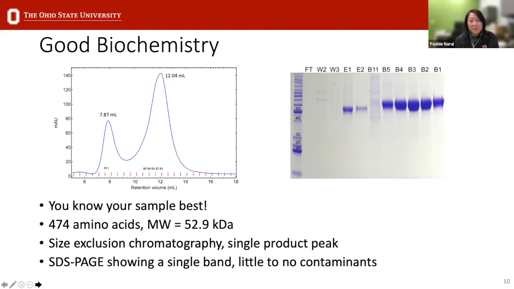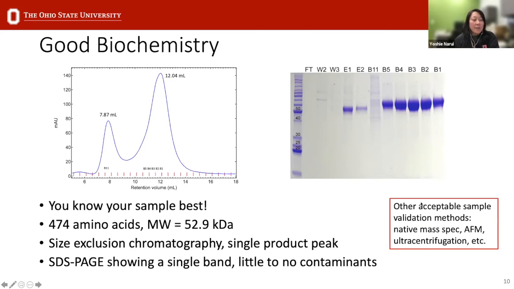It doesn't have to be size exclusion chromatography and a gel. We have seen other examples using mass spectrometry, AFM, or ultracentrifugation. Those are all totally acceptable. It's just showing us that the sample is very clean and the biochemistry is good, and that will help lead to success further down the road.